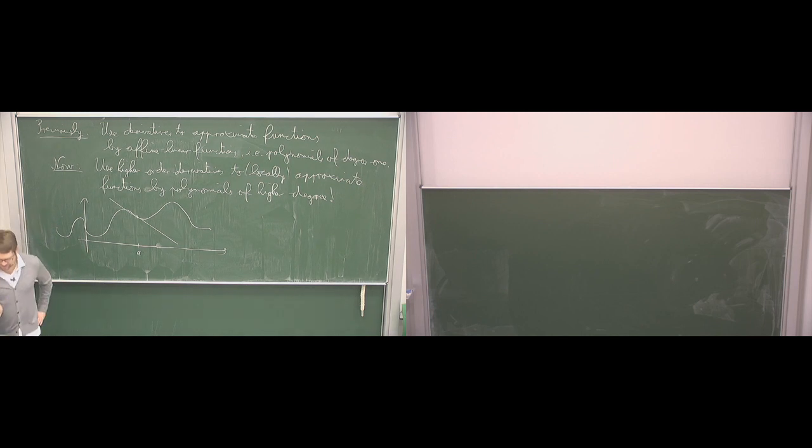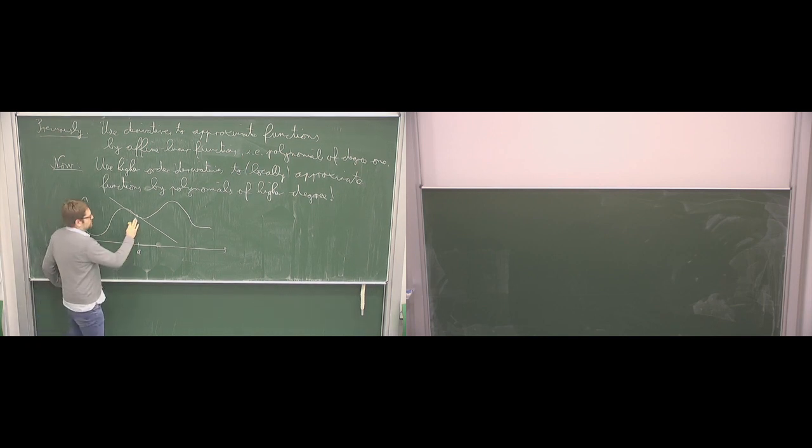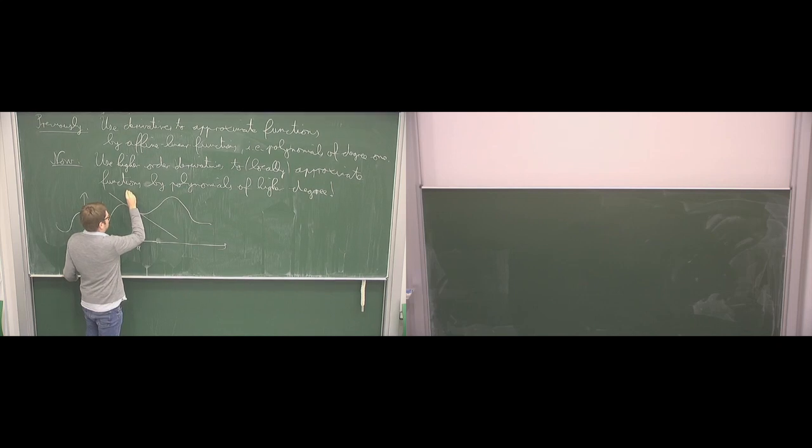Now, if we approximate this by a polynomial of degree 2, a quadratic function whose graph is a parabola, we might take a parabola which looks somehow like this. Here we again see this approximates the function.